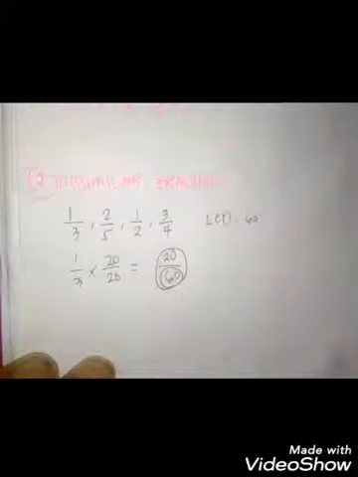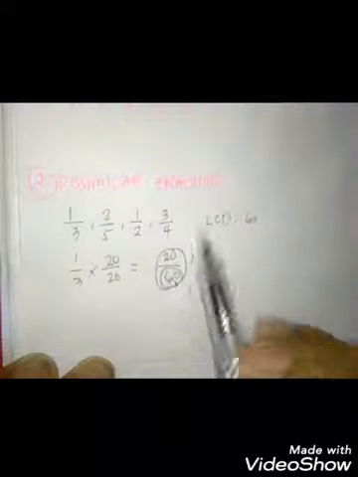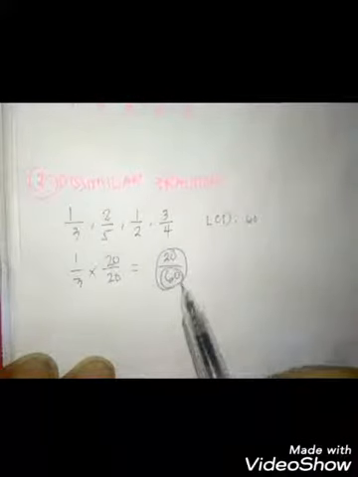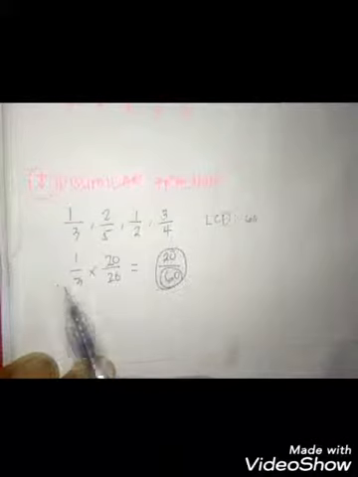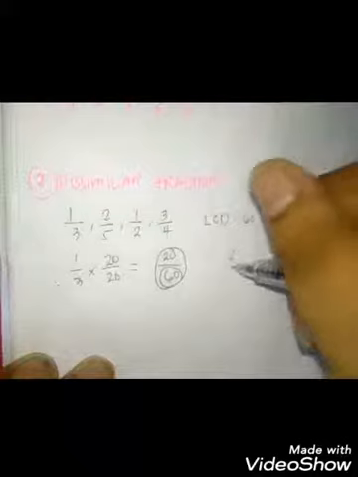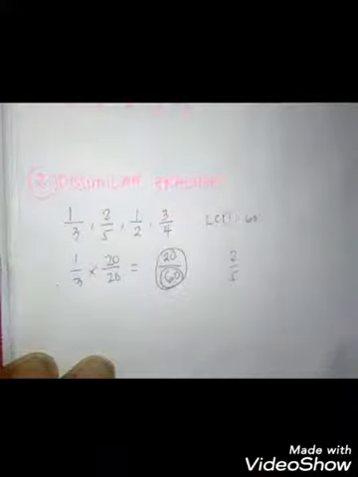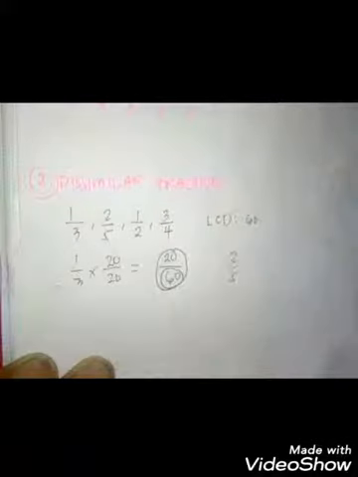I already taught you how to find the equivalent fraction. Here, 1/3 is equivalent to 20/60, or vice versa. Now we will find the equivalent fraction of 2/5, and likewise it should have a denominator of 60.